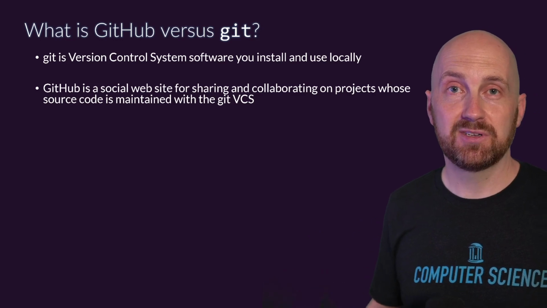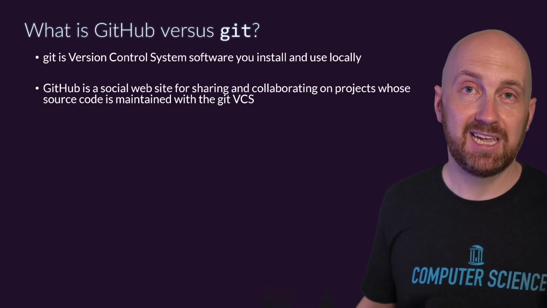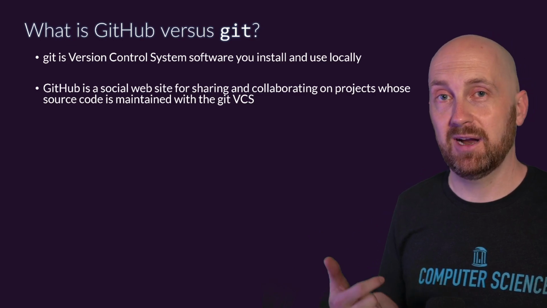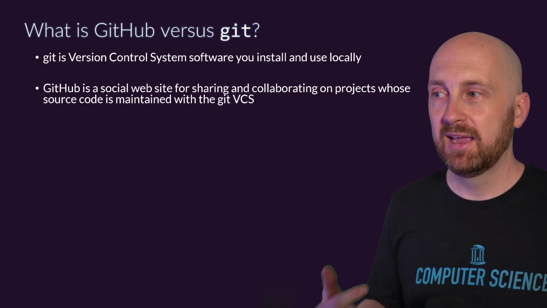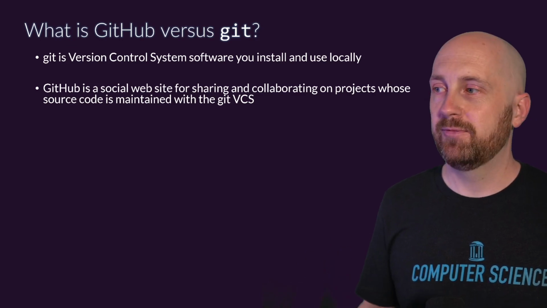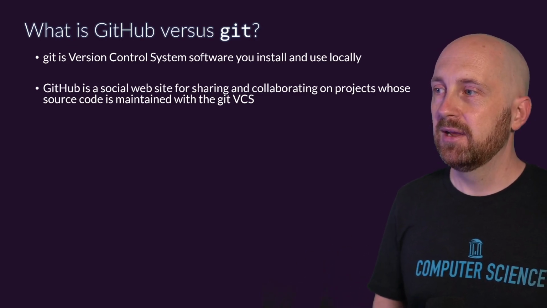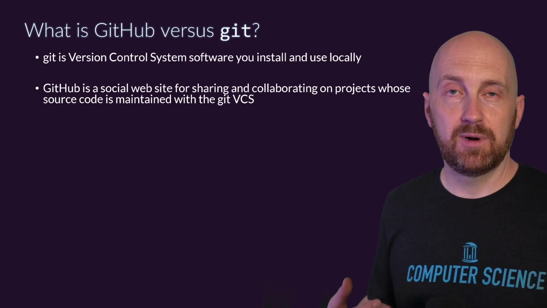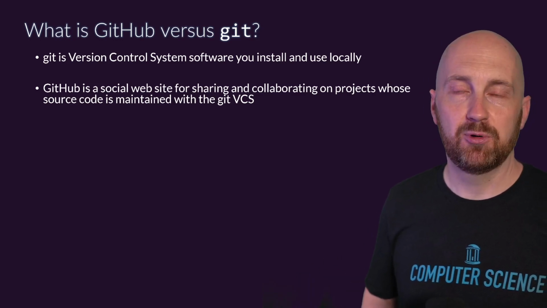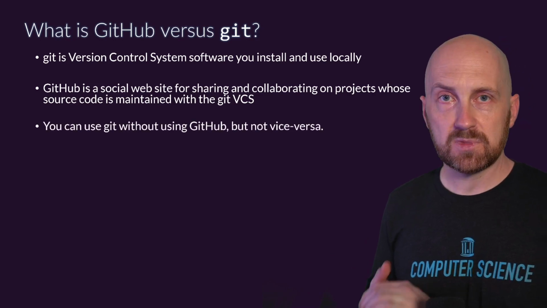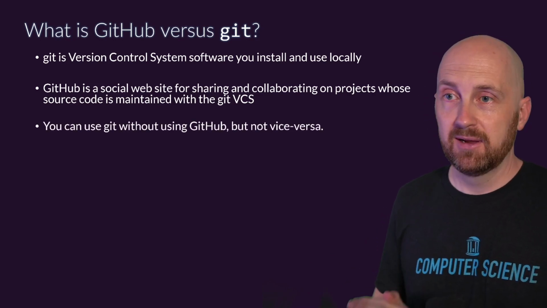It's got other features that are great for projects, like tracking issues that exist in a project or having a sort of to-do list of what's going on in a project, and really great ways for doing code review. And we'll talk about those things later on. But it's mostly a social website where you are able to interact and collaborate with others and back up your Git repositories too.